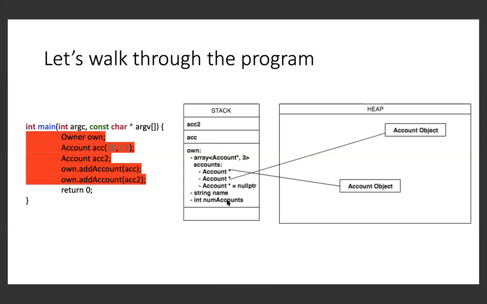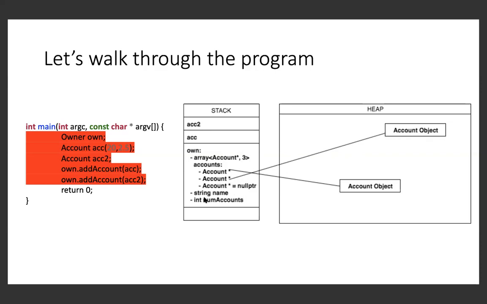When we add the second account, same thing. We are creating a new account object on the heap. It's making a copy of ACC2. And it is accessing the array of accounts at the index of number of accounts, which in this case is 1, which will be this item right here. It creates a new object, and the address of it is stored at this element.